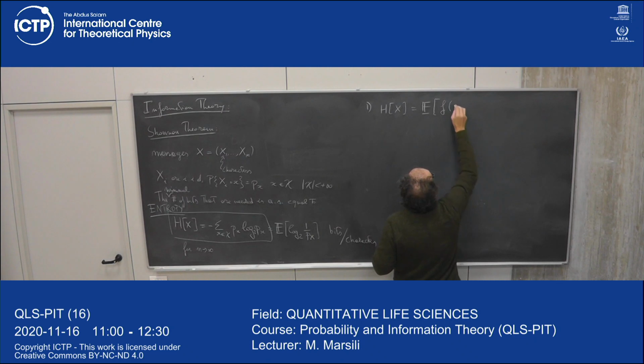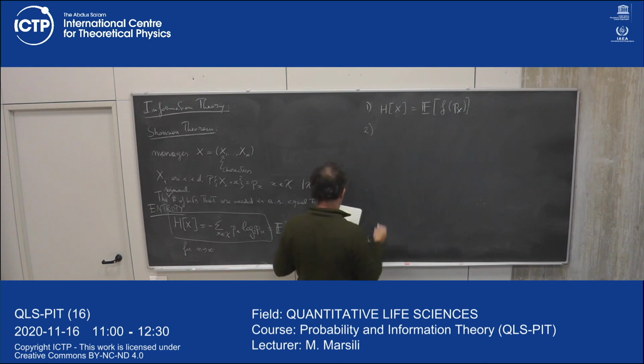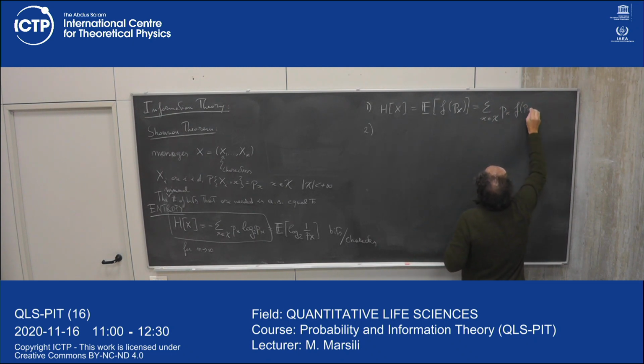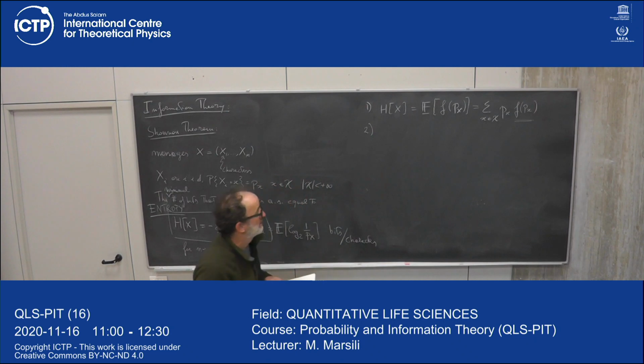So it should be a function of the probability distribution of the random variable x. Okay? And the second property that you want is that, so this is essentially the sum over x of p of x times f of p of x. Okay, so now we want to ask, what should this function f of p of x be?